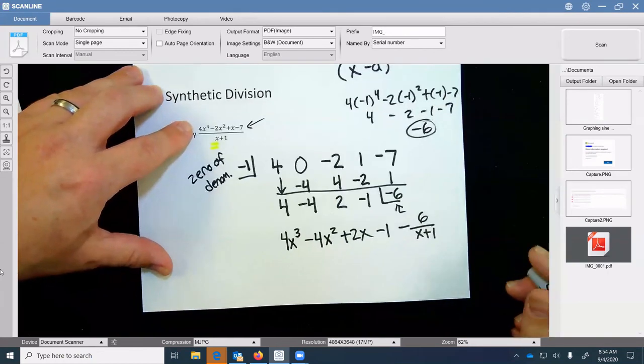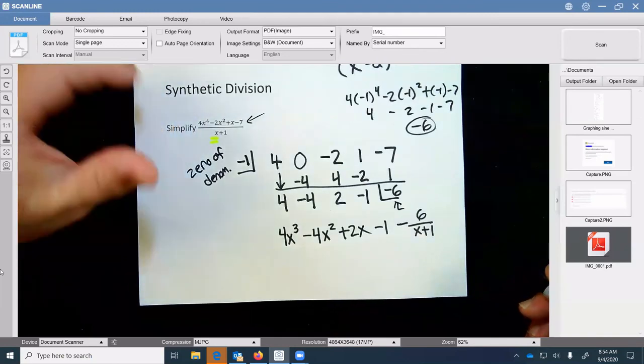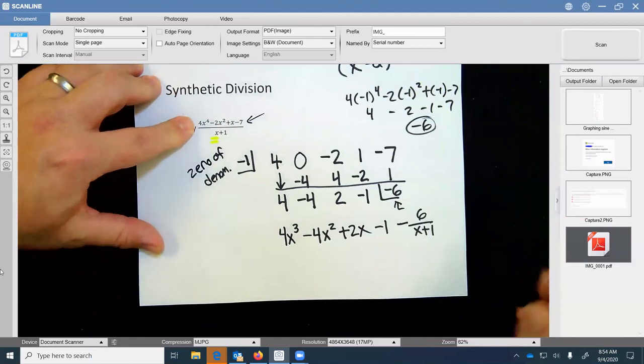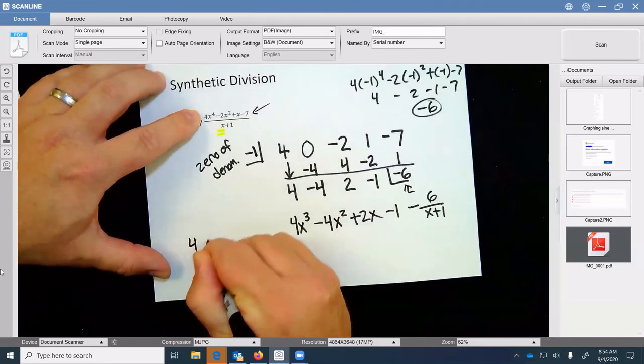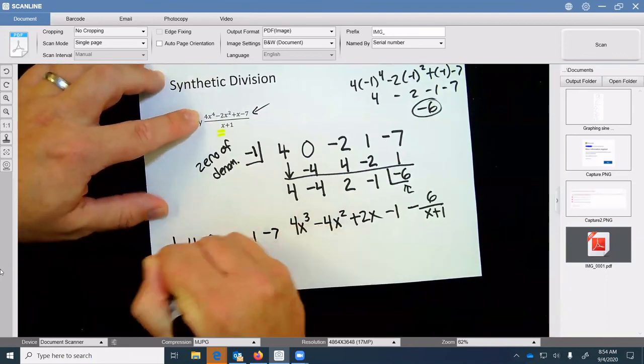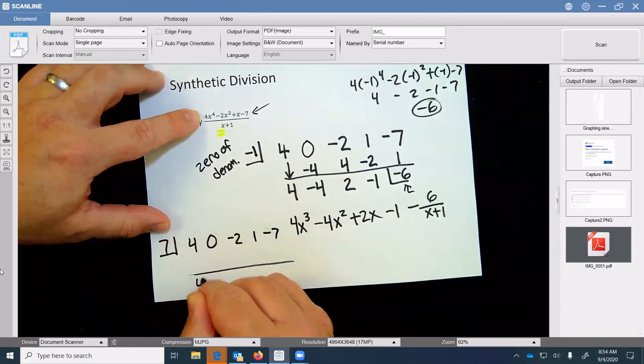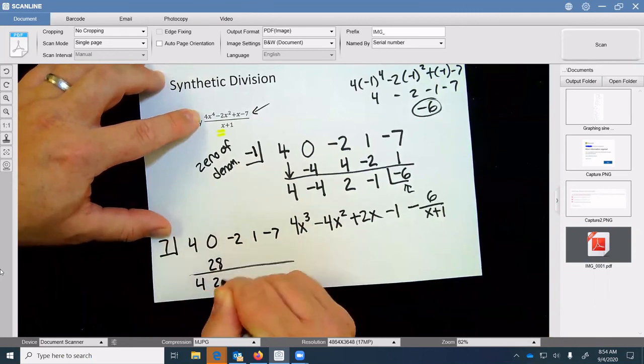Like if I wanted to plug 7 into this equation, I could take the 4, 0, -2, 1, -7. If I want to plug in 7, bring down the 4, 28, add.